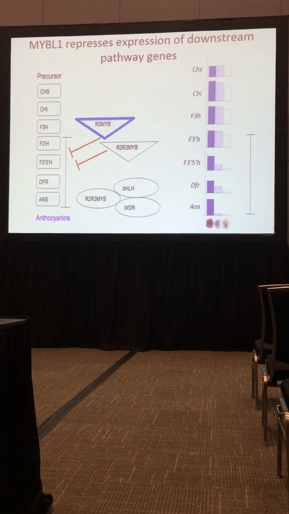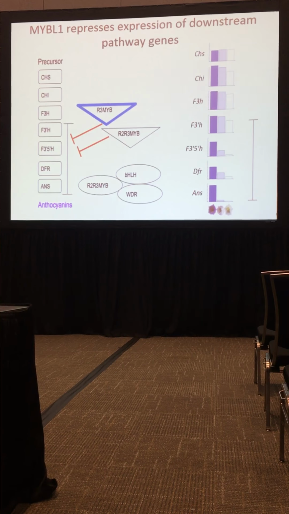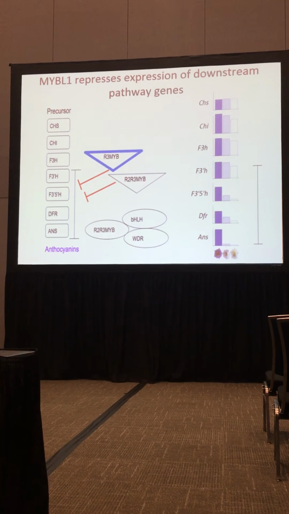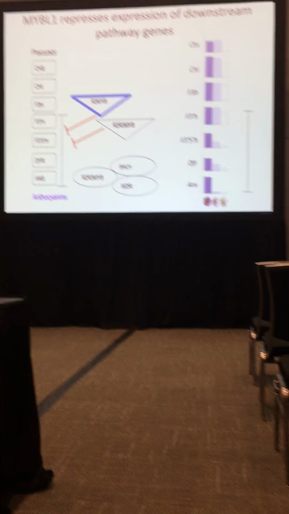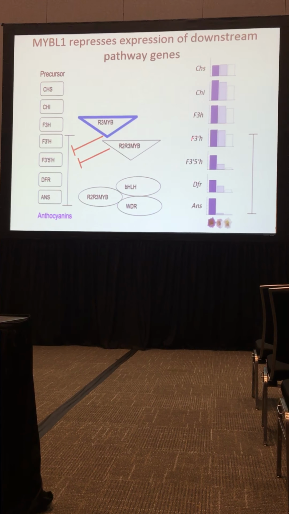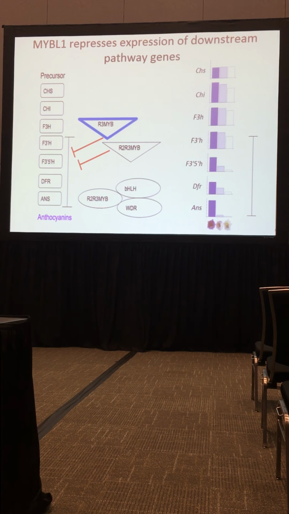But we want to learn more about it still, and so we can look at the expression levels, like I said, because we have this RNA sequencing data, and we can see here that functionally it seems to be operating by turning down the pathway.